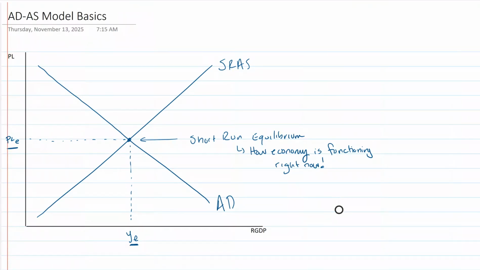But we know that this model is a little bit different from our regular supply and demand model because of the LRAS curve. So how does the LRAS curve drop into this? Well, for the starting point, we drop the LRAS curve right down the middle of this model.